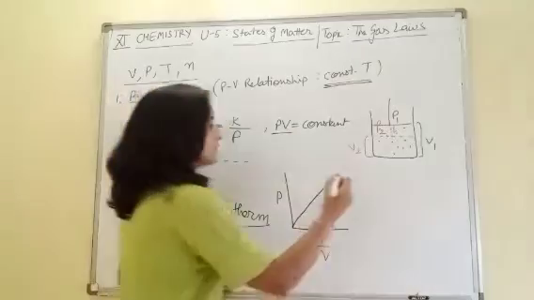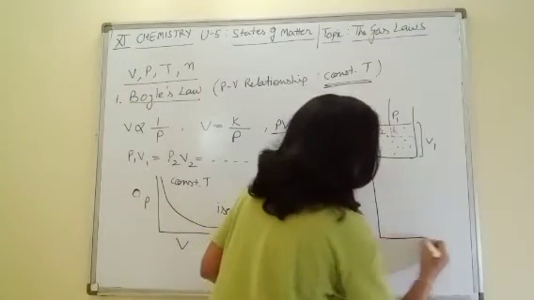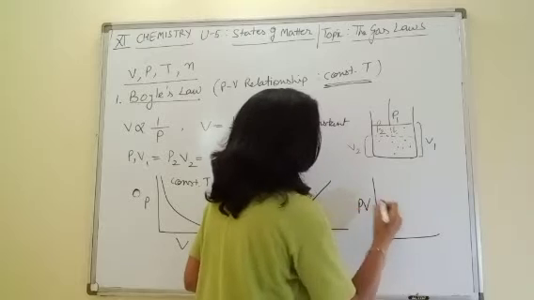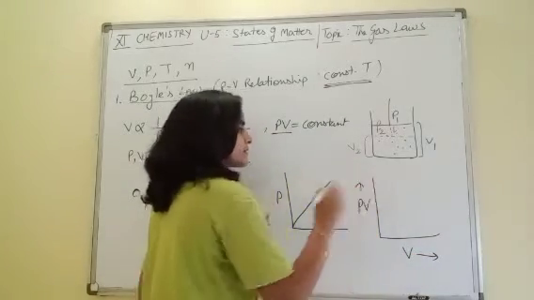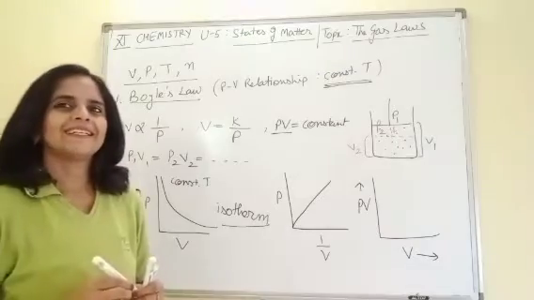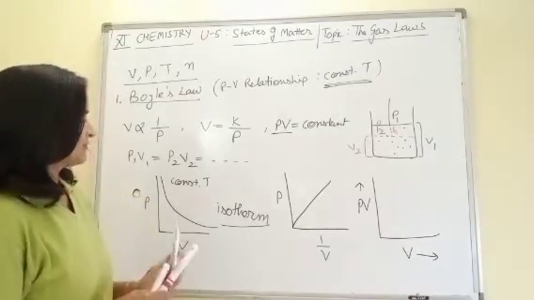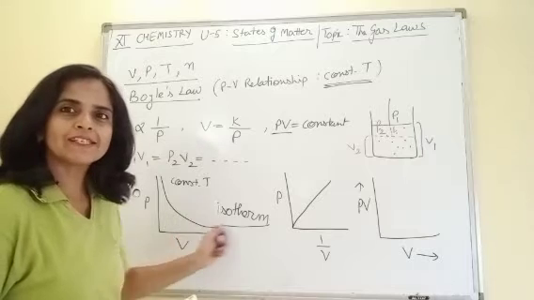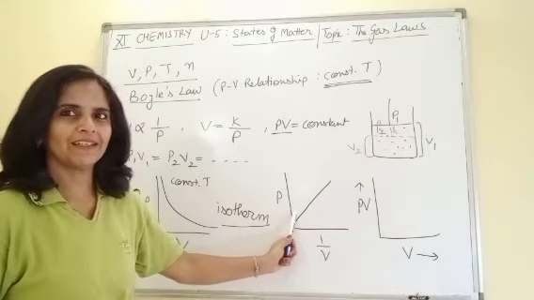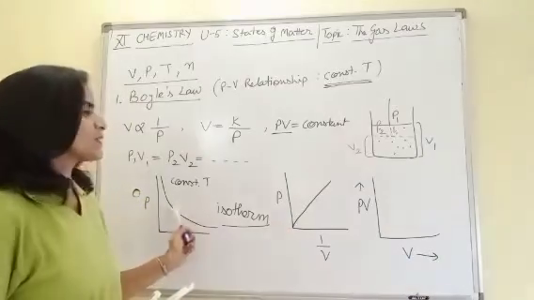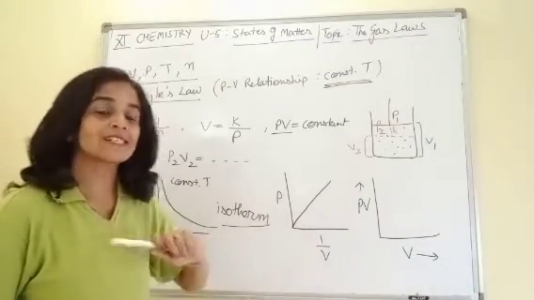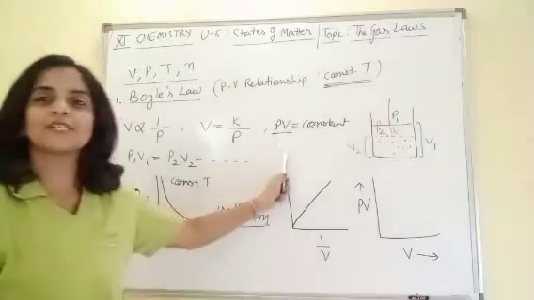And third, we can plot a graph of PV versus V, or you can take pressure divided on the x-axis. So would the graph be like this or like this, children? Try to tell. No, not possible. Neither this one nor this one, because just look at this relationship.